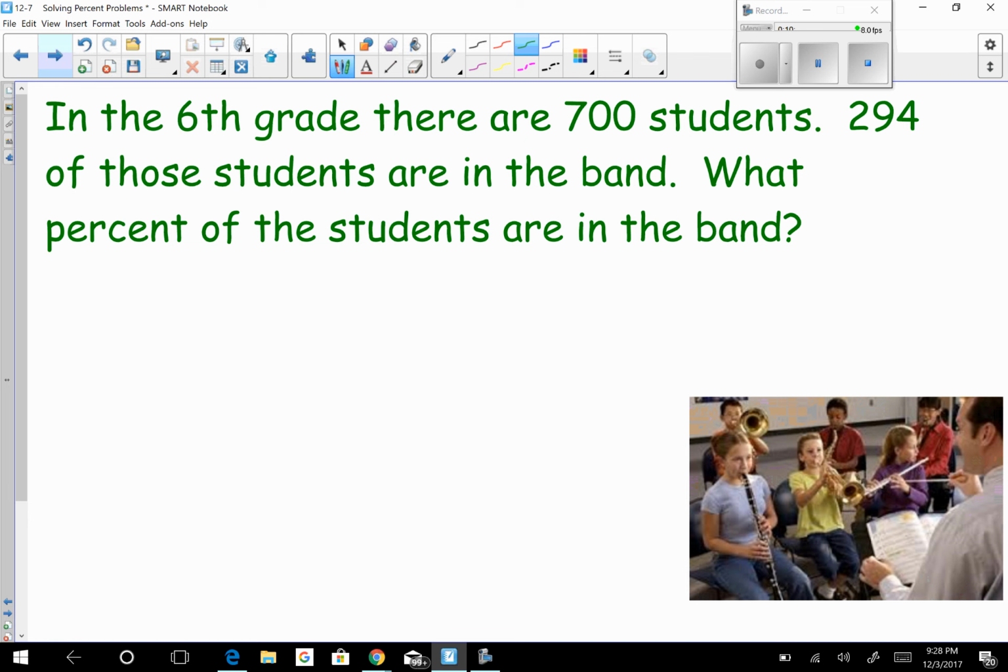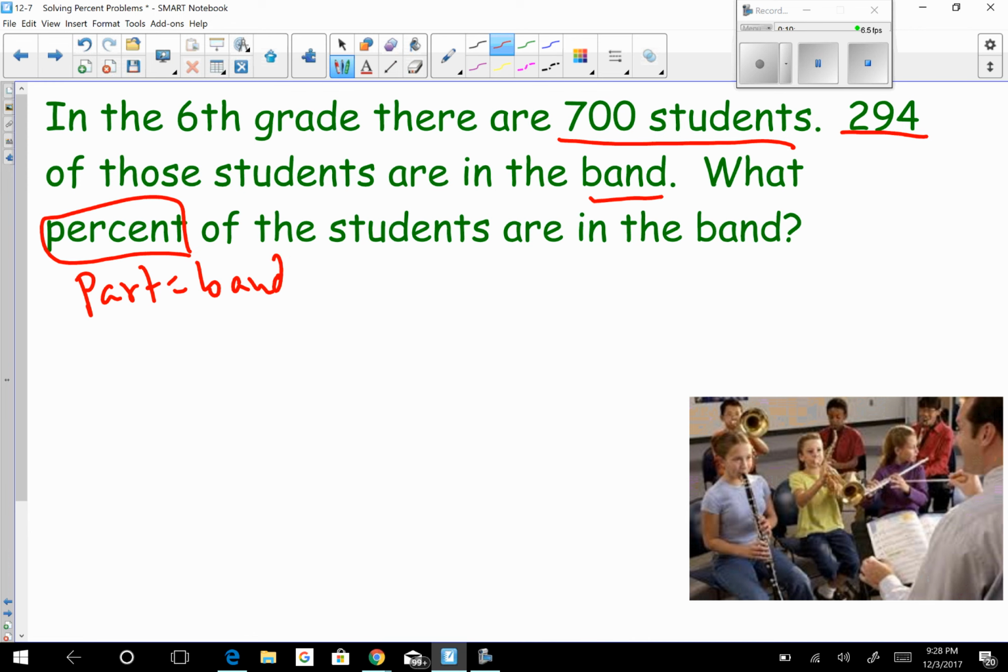Next one. In the 6th grade, there are 700 students. 294 of those students are in the band. So there are 700 students. That's total. 294 are in the band. What percent of the students are in the band? So our part equals those in the band.